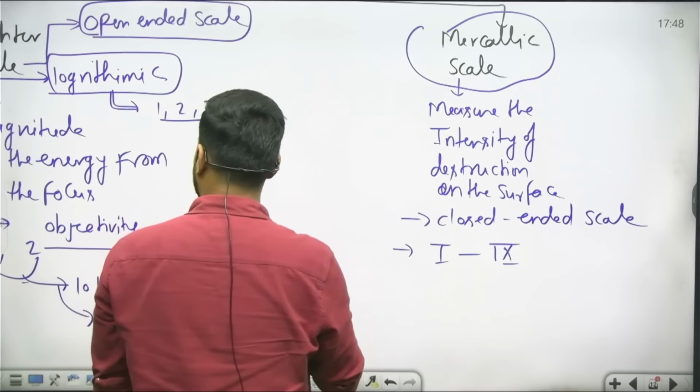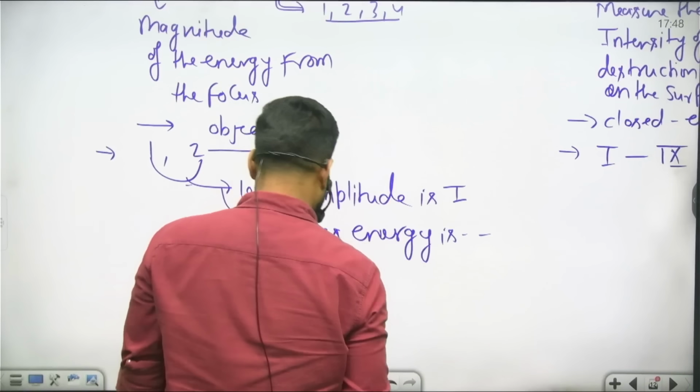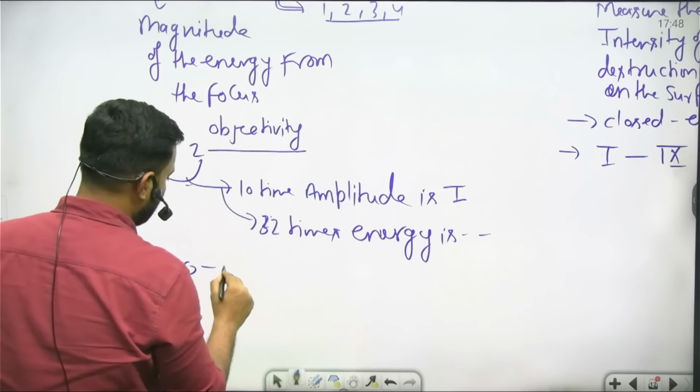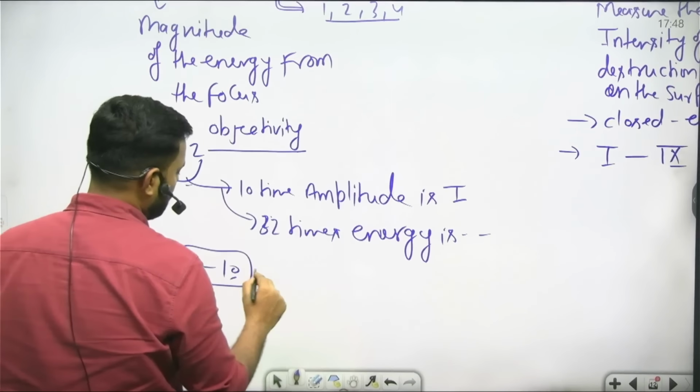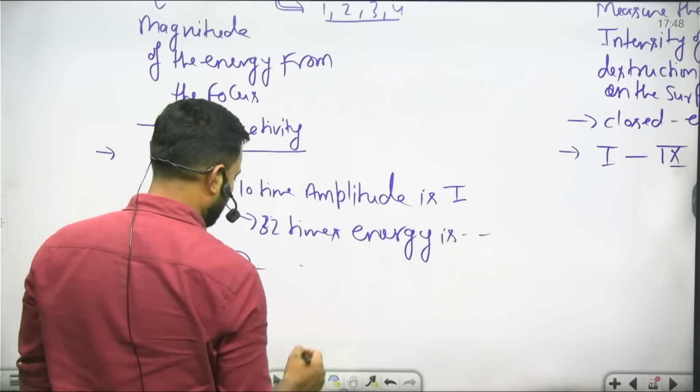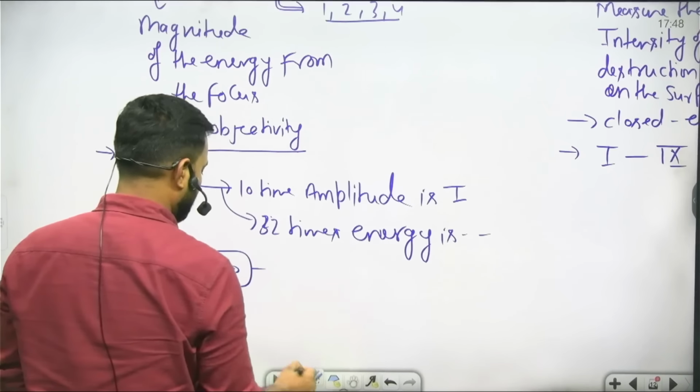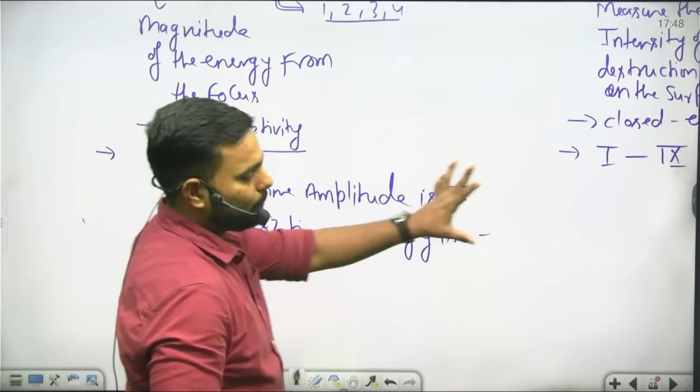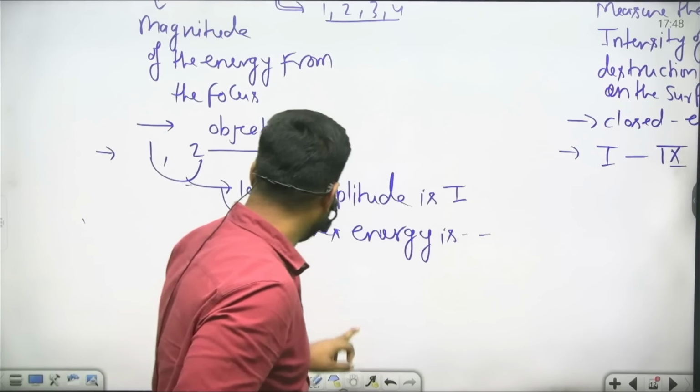Second, here Richter scale is between 0 to 10 and some books are referring 0 to 9. 0 to 10 ही लिखें, 9 is not good. ठीक, 0 to 10 है. It is an open ended scale हो गया ये, and it is a closed ended.